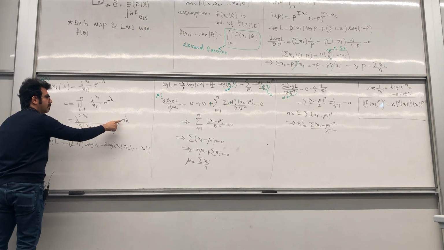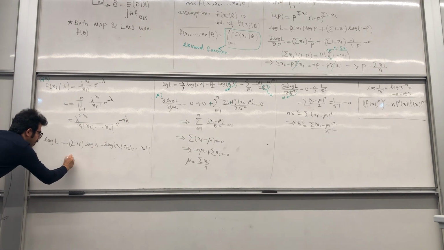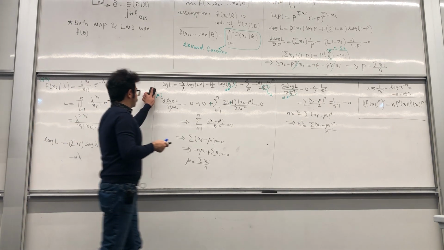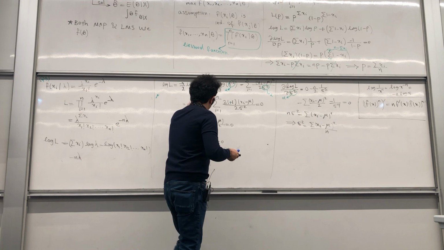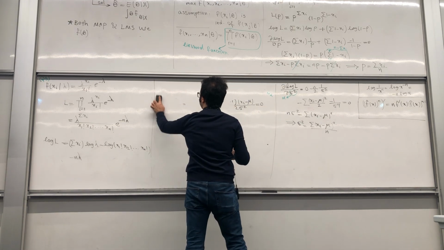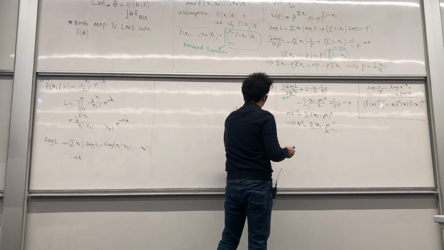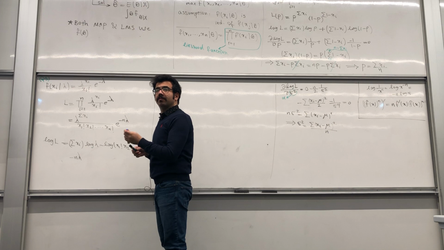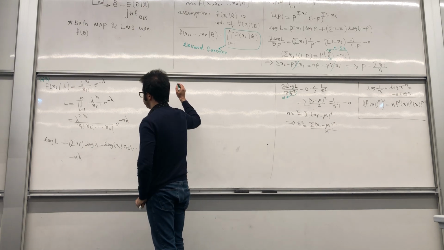Log of e to the power of minus n lambda will become minus n lambda. Any questions about this? I can review the calculation for log if you have any questions. Okay. No more questions?